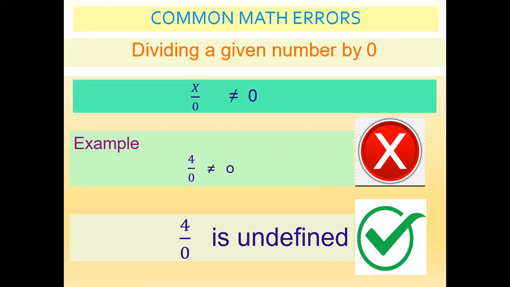The answer is undefined. Why is it important to know this? It is important in scenarios where you're trying to solve or simplify algebraic expressions. Let me give you an example.